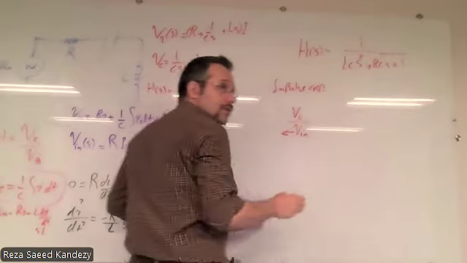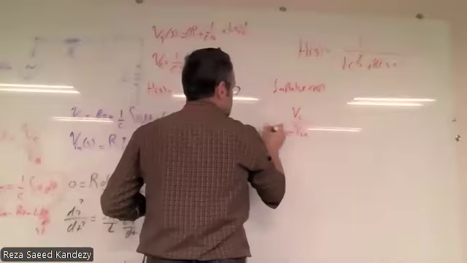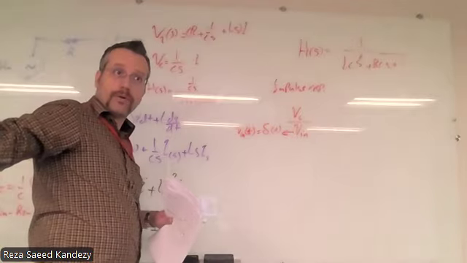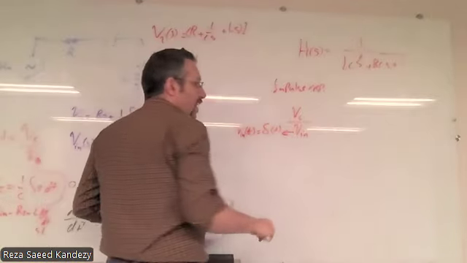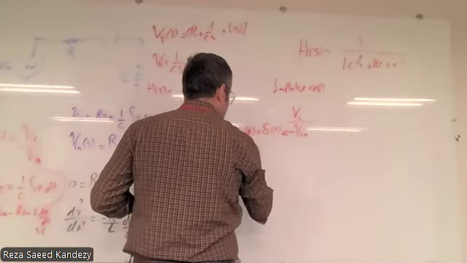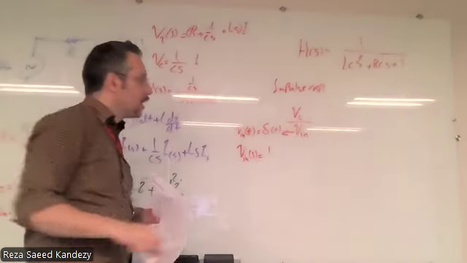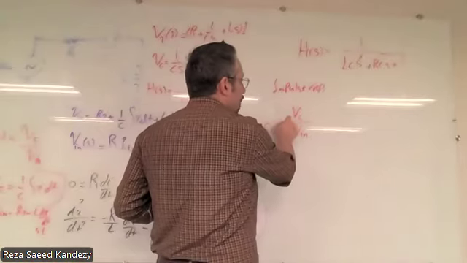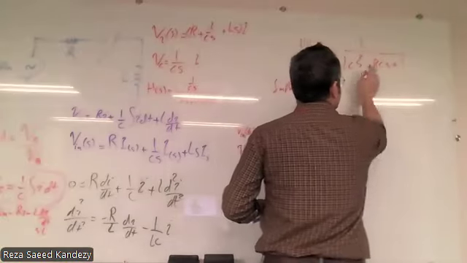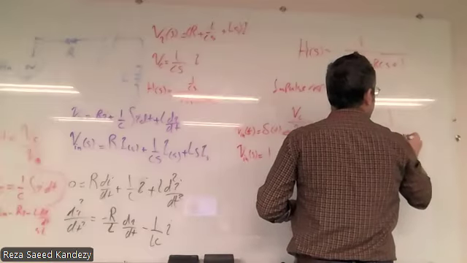If our input is an impulse, which means the V in in the time domain is the delta Dirac function, then from the table that we have, if you remember, the Laplace transform of the delta Dirac is simply 1. So if this is 1, that means the output is equal to the transfer function itself, 1 over LC s squared plus RCs plus 1.